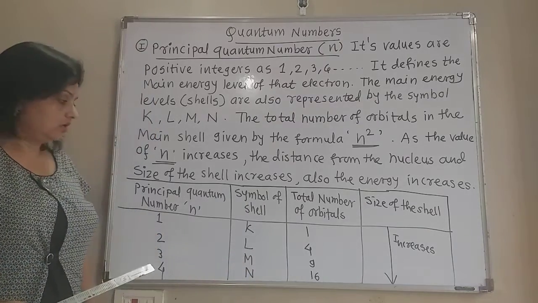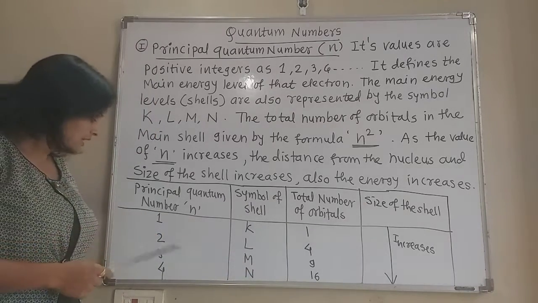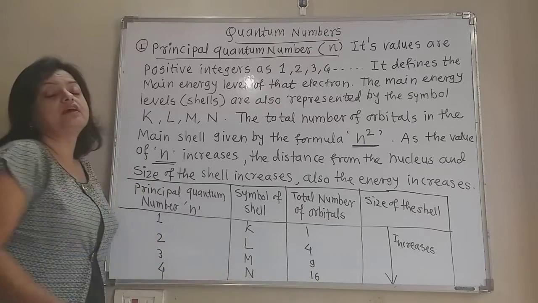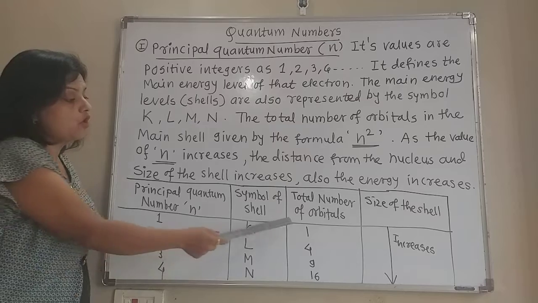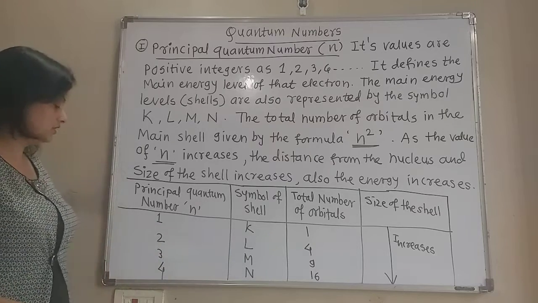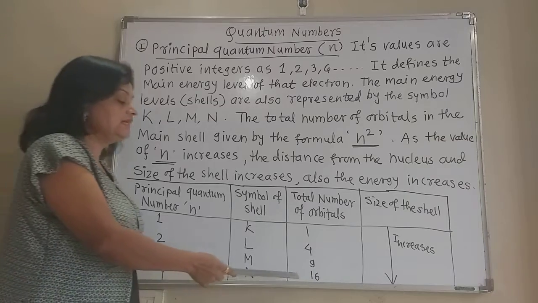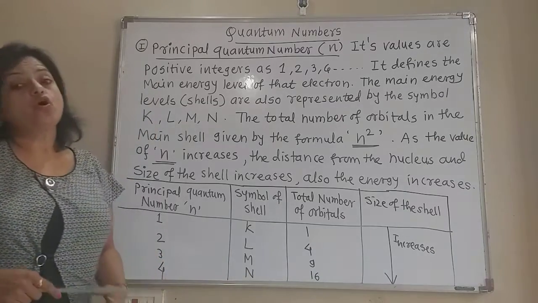And again, if n is equal to 3, then 3 square, that means 9, is the total number of orbitals in the third shell. In the fourth shell there are a total of 16 orbitals.